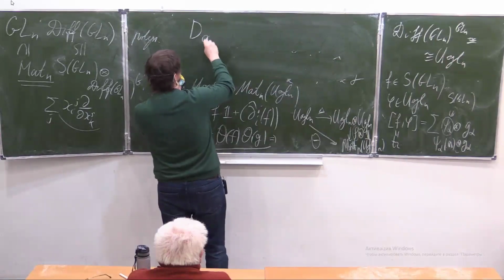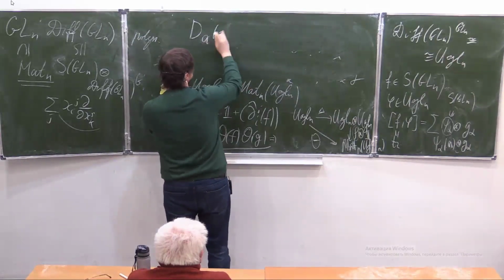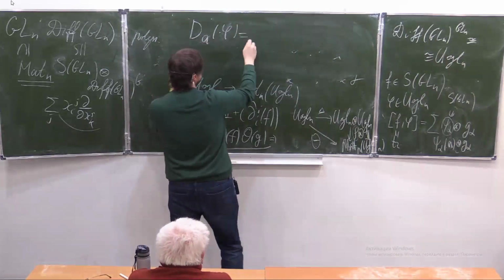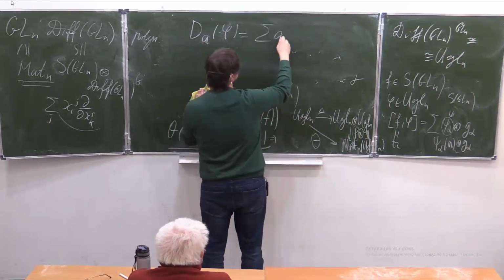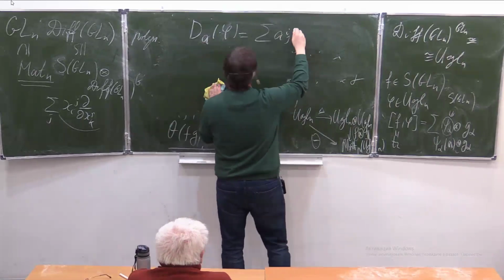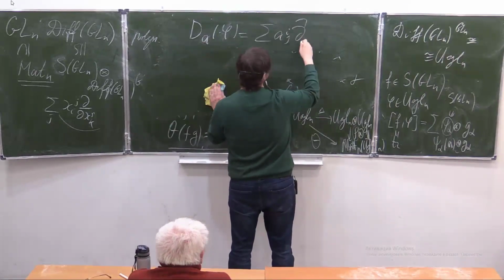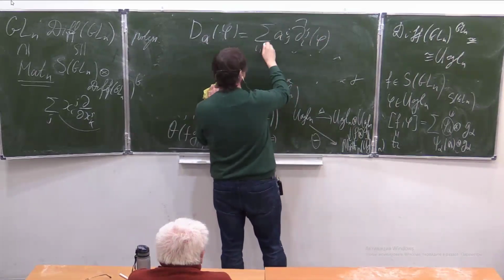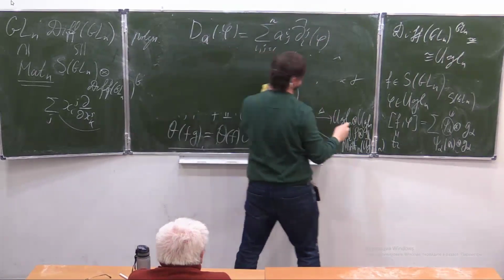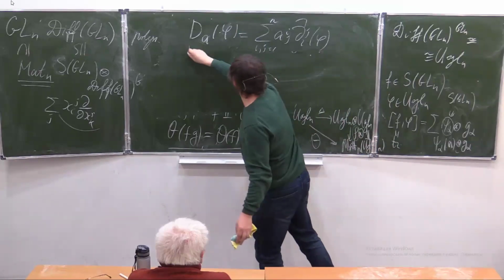dA of f of phi is equal to the sum of a_ij d hat_ij of phi. So this is the shift operator.